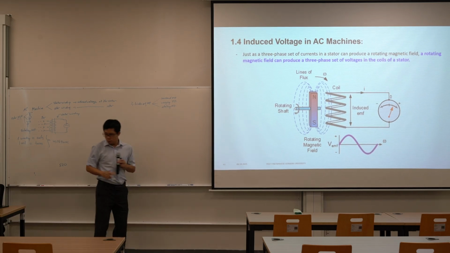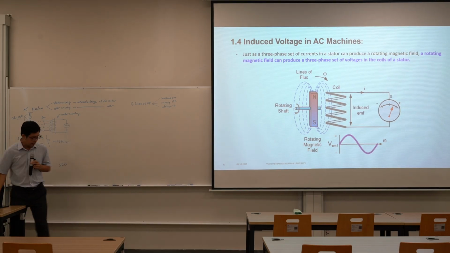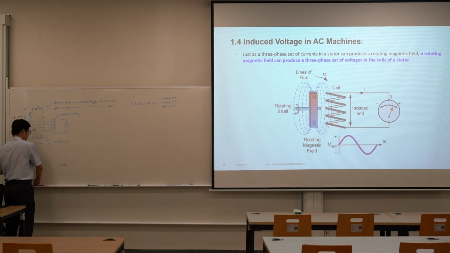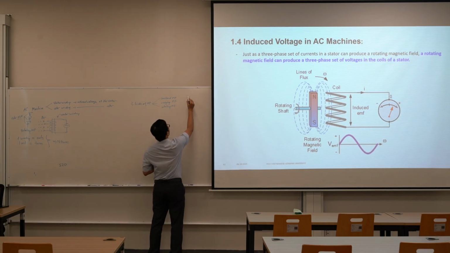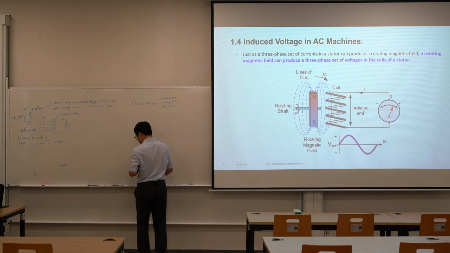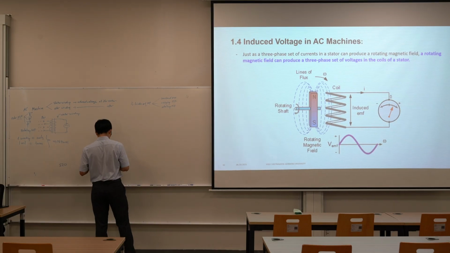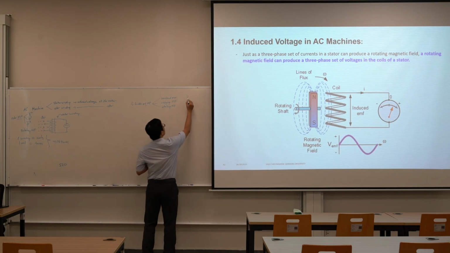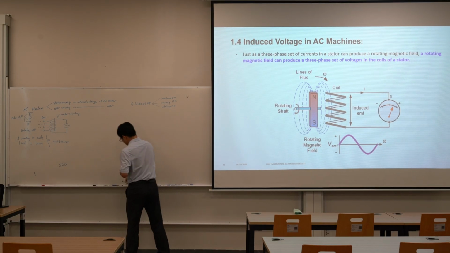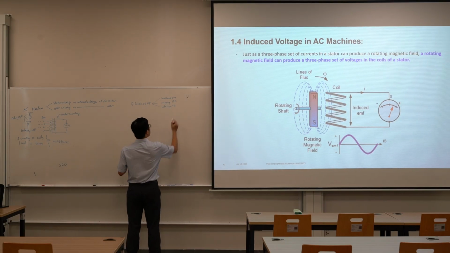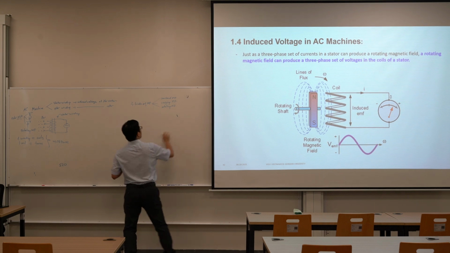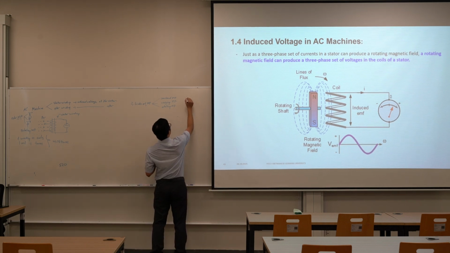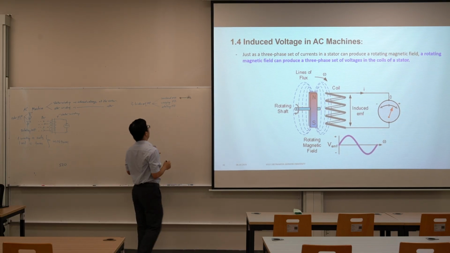When we apply a DC current, IDC, we get a constant magnetic field.